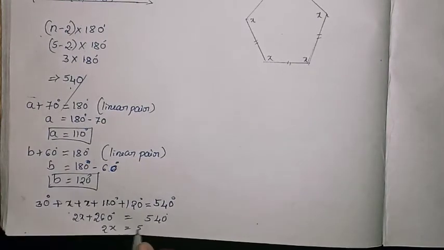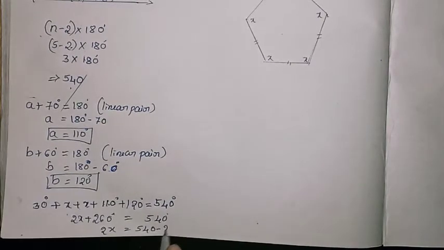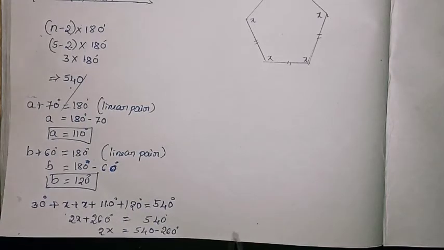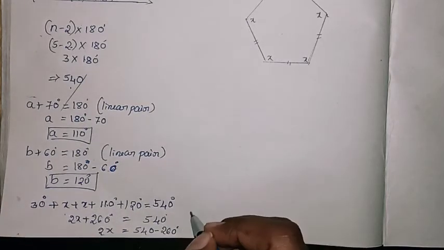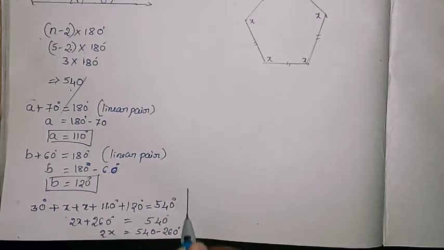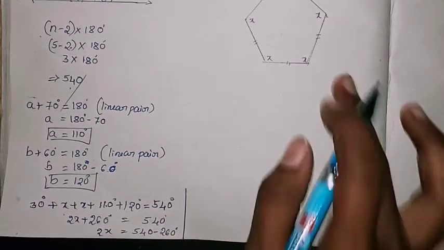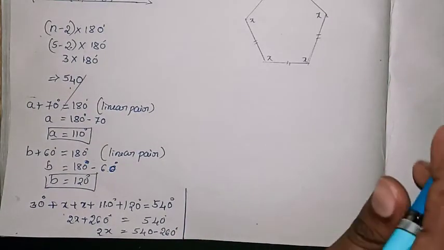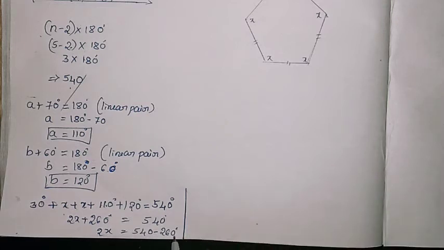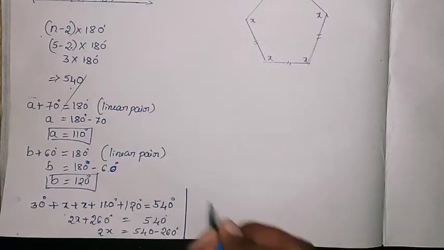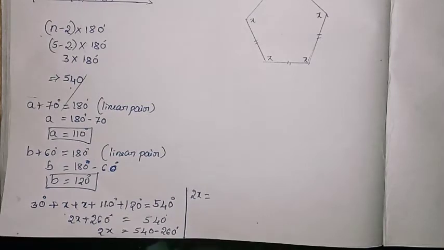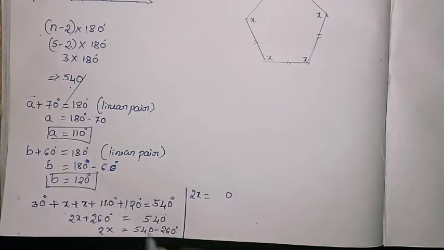So it is 540 minus 260. I'll write here only, you can write properly, because I have drawn the diagram here, so there is no place for me. So 540 minus 260: 0 minus 0, then 14 minus 6, 1 will be carried over here.